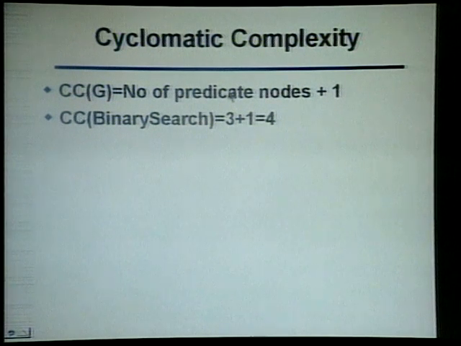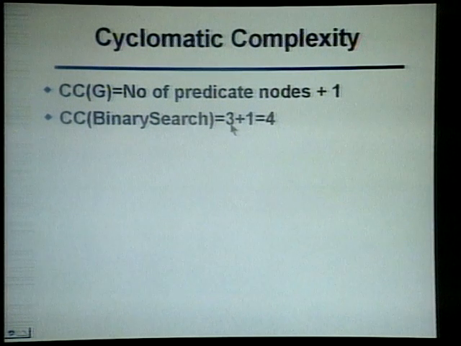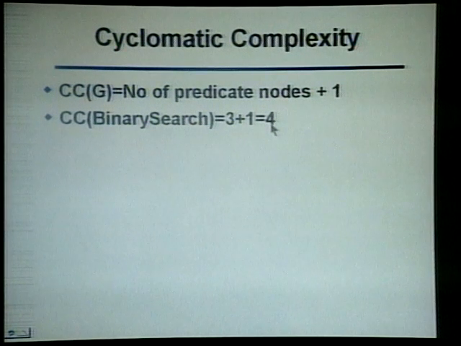For the flow graph we just prepared, the cyclomatic complexity is given by the number of predicate nodes plus 1, where by predicate node we mean the node which contains the conditions, the condition which comes after an if statement or loop. In our case, there were 3 predicate nodes. So we have the number of predicate nodes 3 plus 1, which is equal to 4. So the cyclomatic complexity of the binary search routine we just saw is 4.